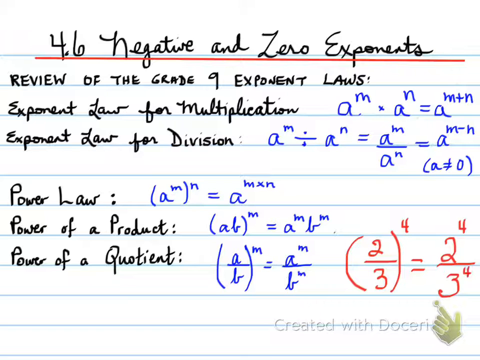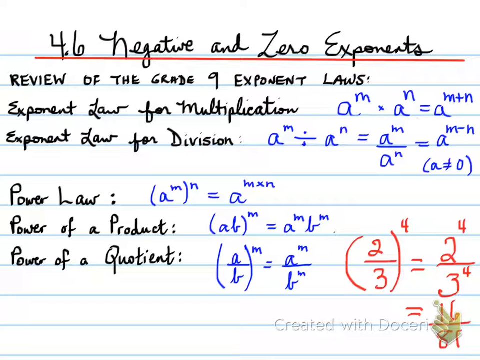So both the numerator and the denominator get that exponent. And if you were to simplify it, because the question asks you to evaluate, you would end up with 16 over 81. So again, you take the exponent and you give it to both the numerator and to the denominator, because that is what a power of a quotient allows you to do.